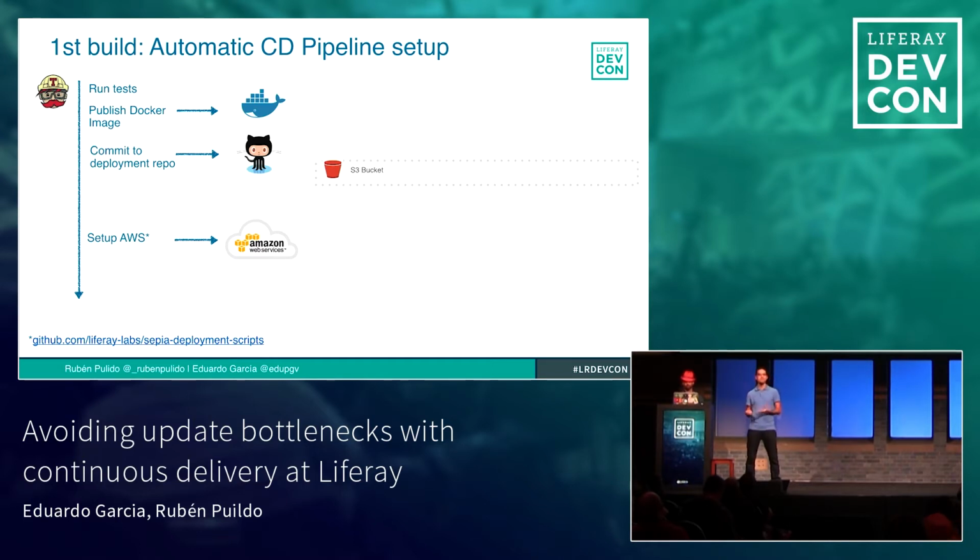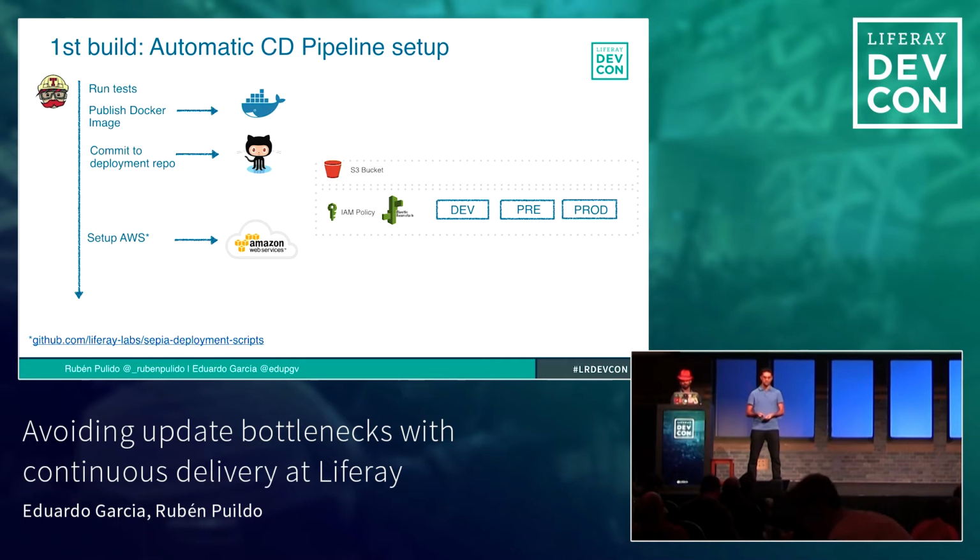And not only the pipeline, but also all the prerequisites that need to be created for your pipeline to work. What are those prerequisites? The S3 bucket that we mentioned before, the Elastic Beanstalk environments that will run your application package in Docker, with some IAM policies that will allow this to happen.